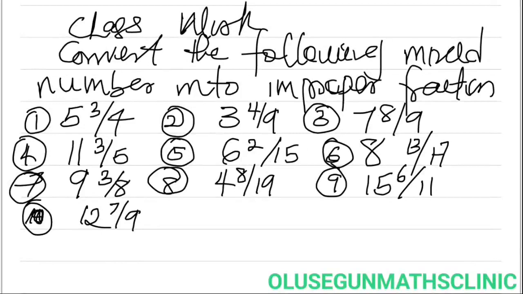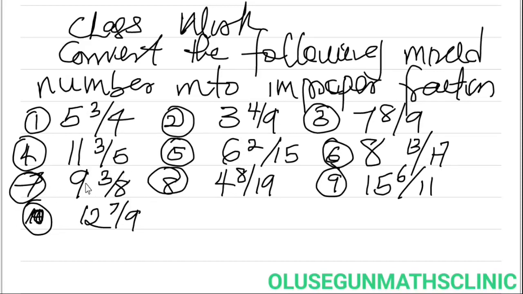So you are going to solve this classwork. These are the works that we engage you to practice what we have been explaining. Classwork: convert the following mixed numbers into improper fractions. 1, 5 whole number 3 over 4. 2, 3 whole number 4 over 9. 3, 7 whole number 8 over 9. 4, 11 whole number 3 over 5. 5, 6 whole number 2 over 15. 6, 8 whole number 13 over 17.